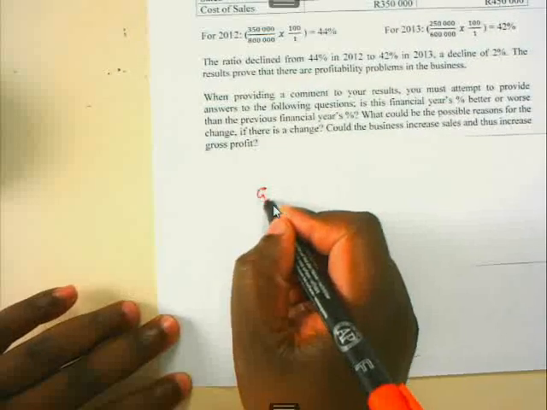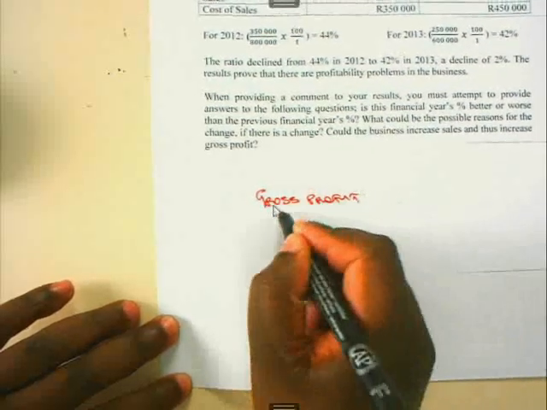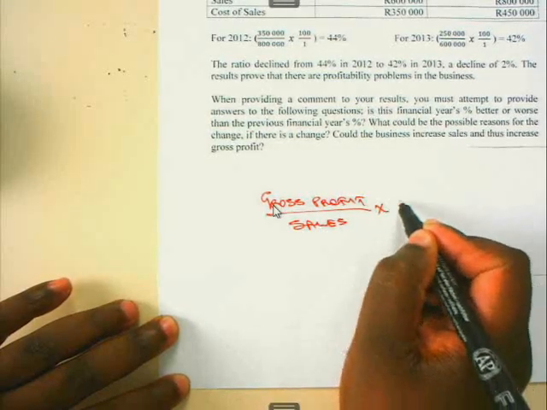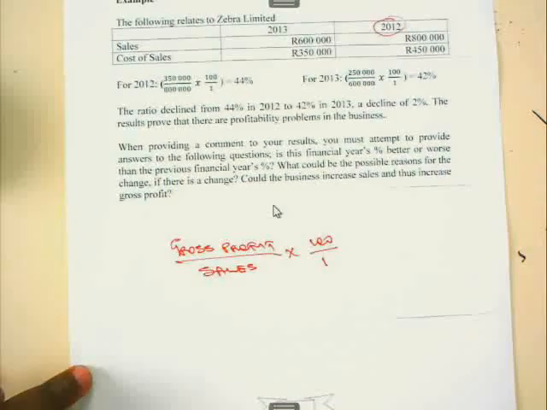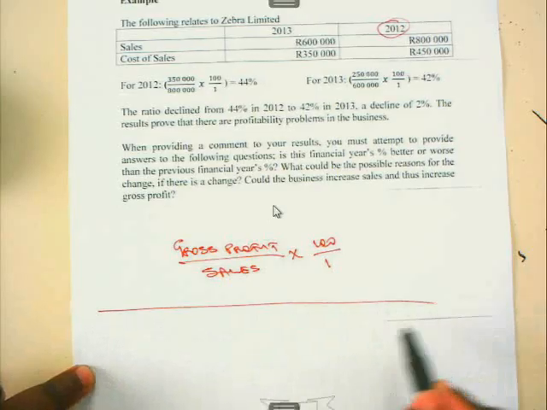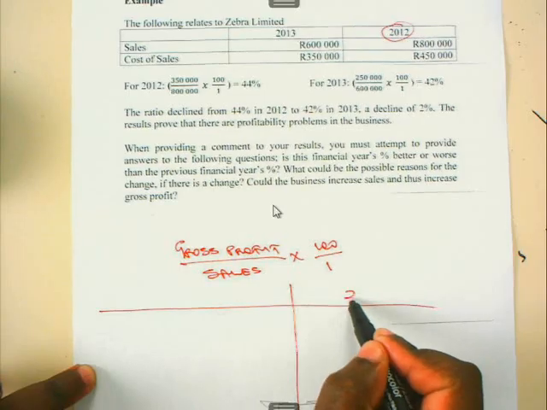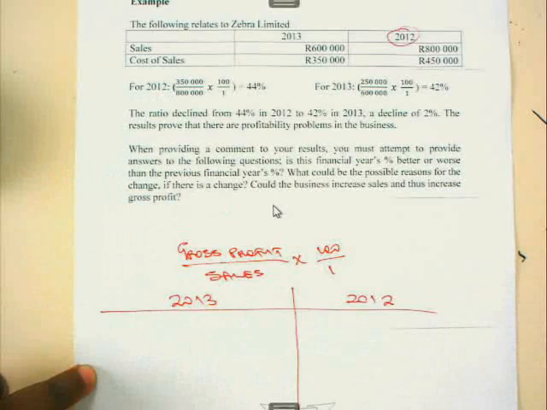The formula, remember, is gross profit over sales, multiplied by 100 over 1. You are going to calculate for 2 years: 2012 and the current year, 2013, according to the information provided. For 2012, our sales is how much?